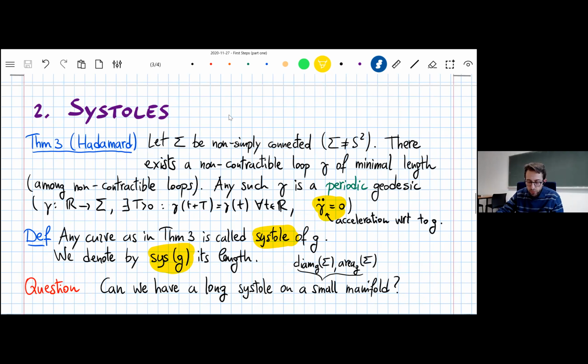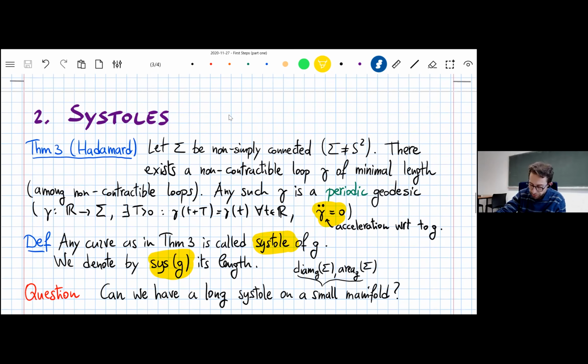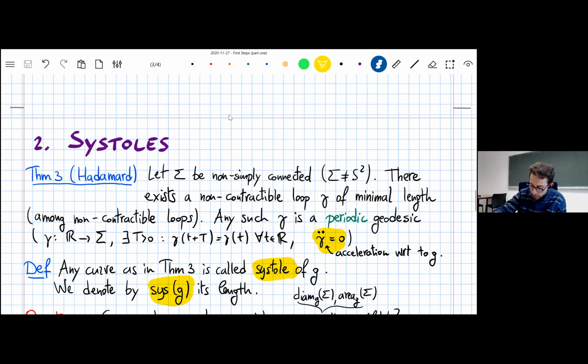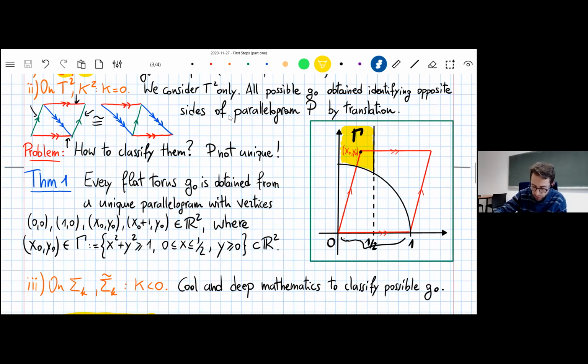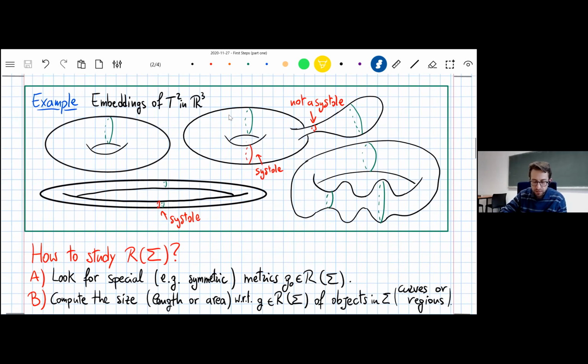And then now, if you look at the pictures above, you see that what you can have here is a short systole.